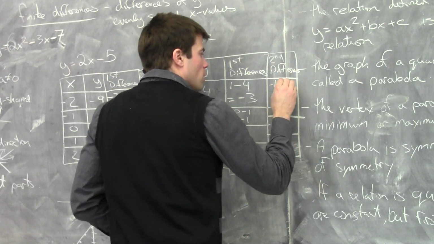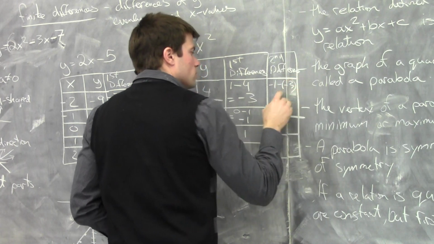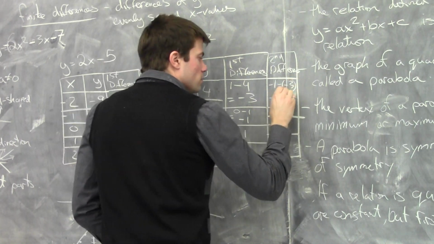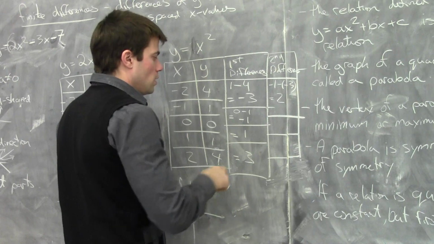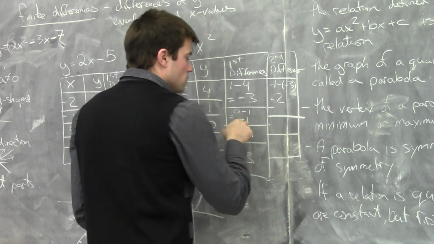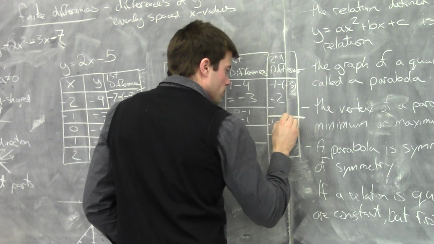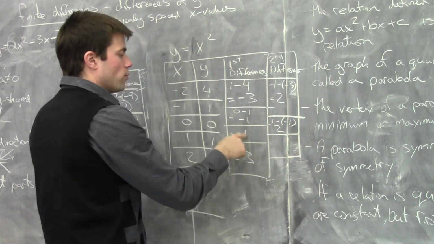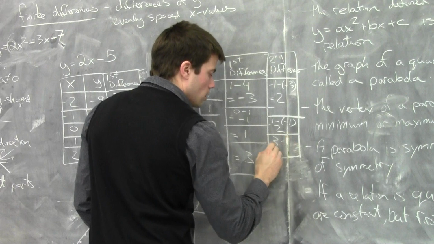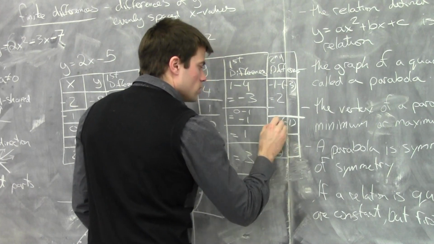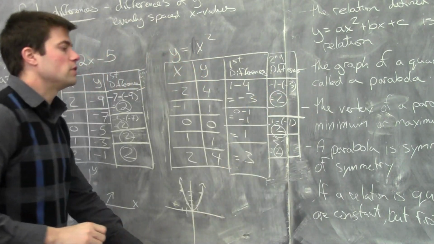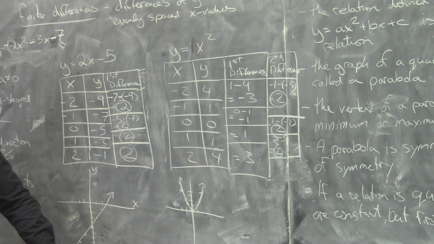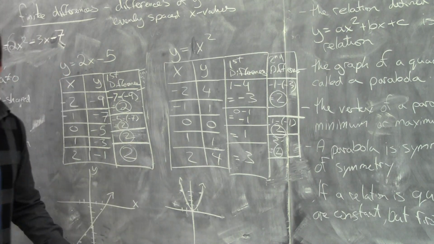So negative 1 minus negative 3, negative 1 plus 3 is positive 2. 1 minus negative 1 is 1 plus 1, which is positive 2. 3 minus 1 is positive 2. So again, my second differences now are all the same. This, therefore, is a quadratic equation.